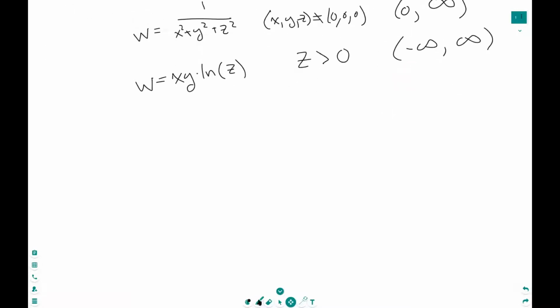Okay, so let's talk about graphs. Because when we had functions of one variable, we kind of thought about what that y equals f of x looks like.